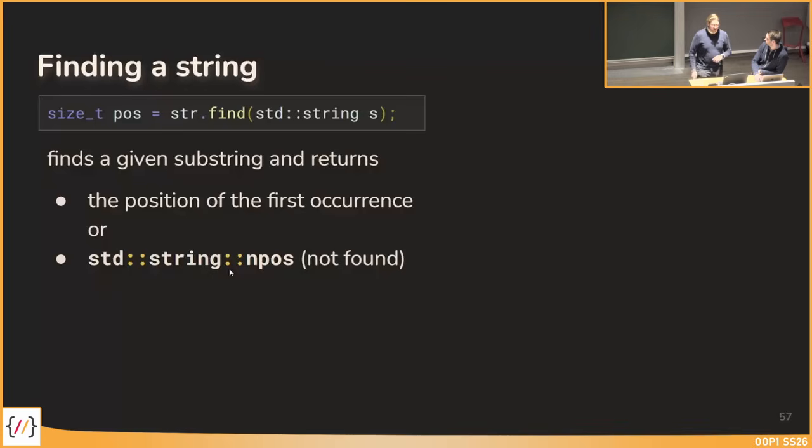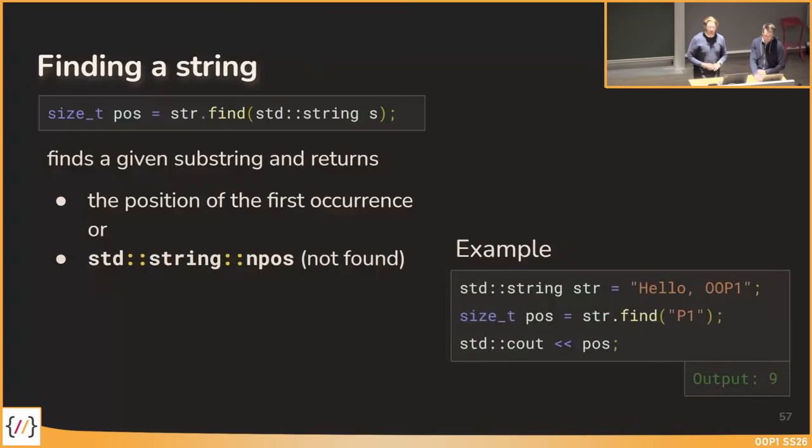It is the largest maximum possible value for a position in a string. So we can now use npos for checking whether we found the substring within the string or not. So we can just use this value here, std::string::npos.